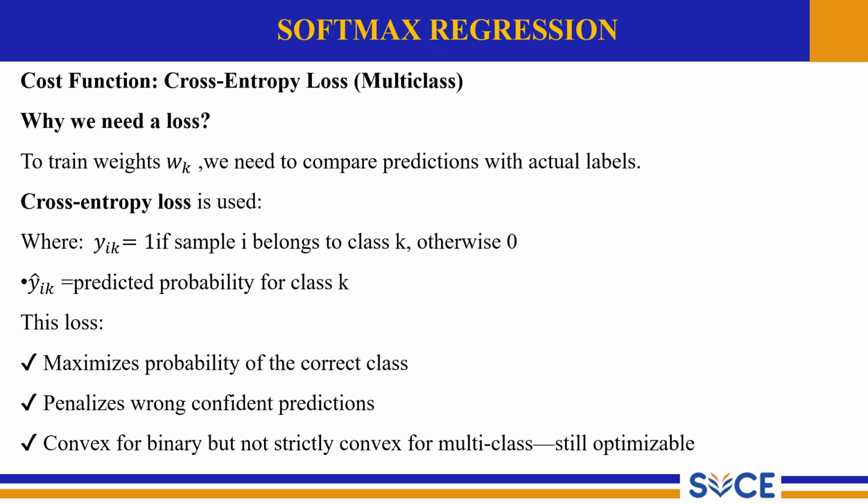Let y-hat_ik equal the predicted probability for class k. The loss function for a single example is explained here. This loss maximizes the probability of the correct class and penalizes wrong confident predictions. It is convex for binary, but not strictly convex for multi-class, though still optimizable.